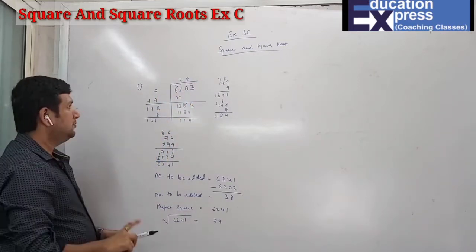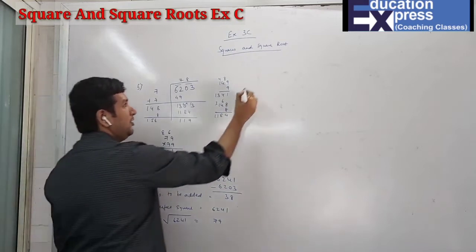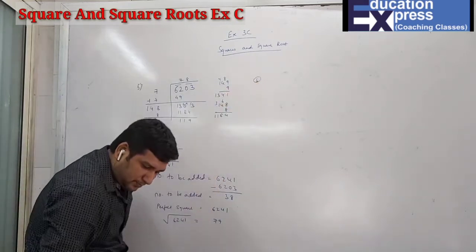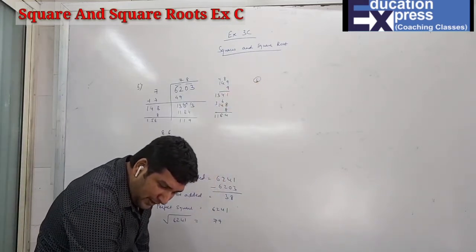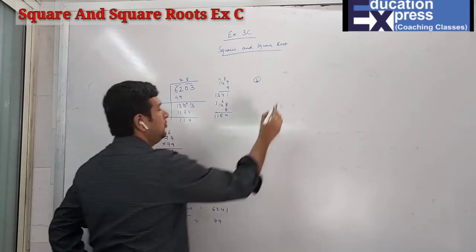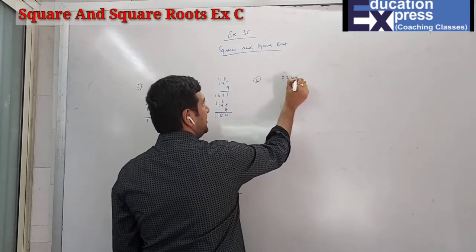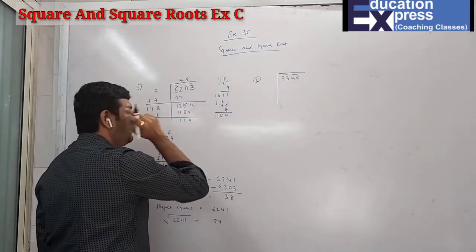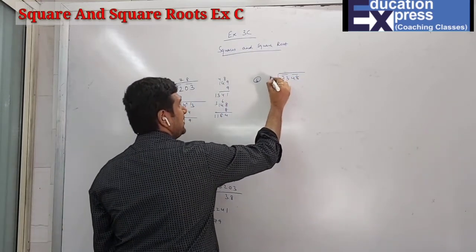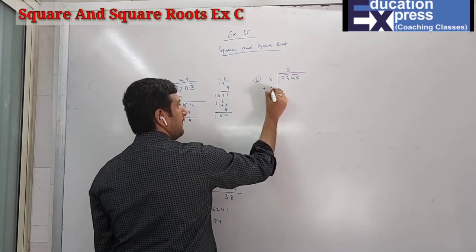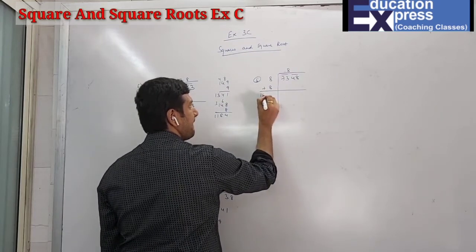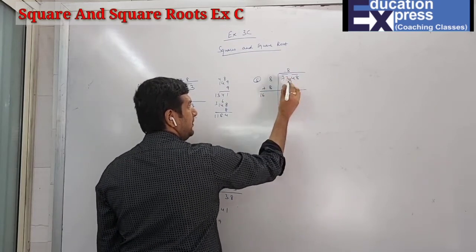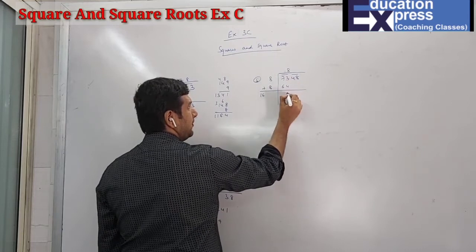I'll do one more sum, the same part, same question, same concept, question 6. Find the least number to be added to obtain a perfect square 7348. Again, students, the same thing, 73. What is the perfect square before 73? So obviously 8 8s are 64. 13 minus 4 is 9.